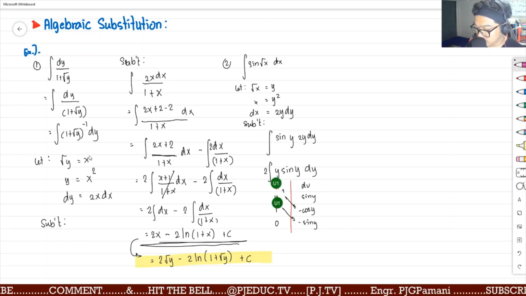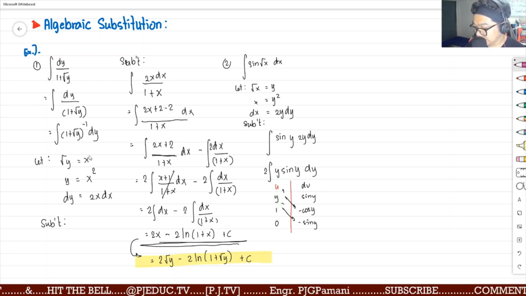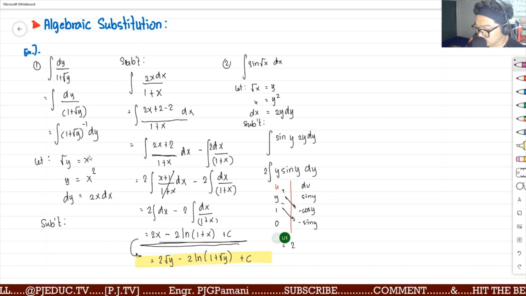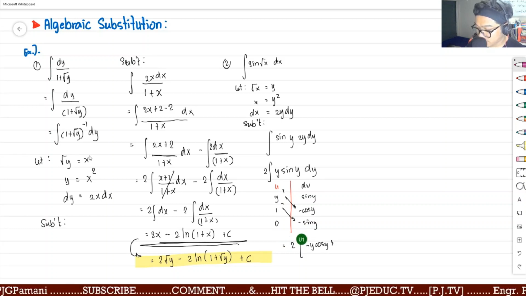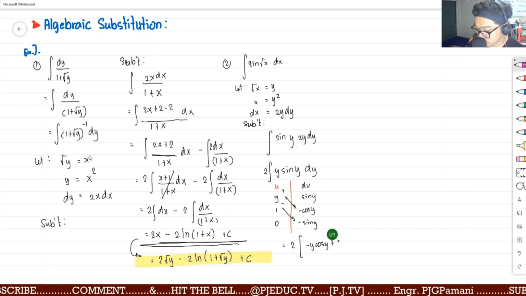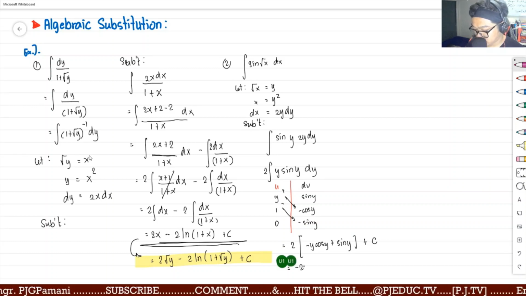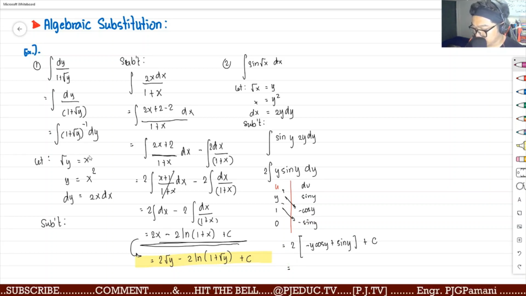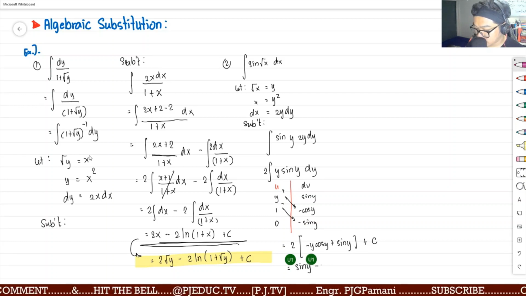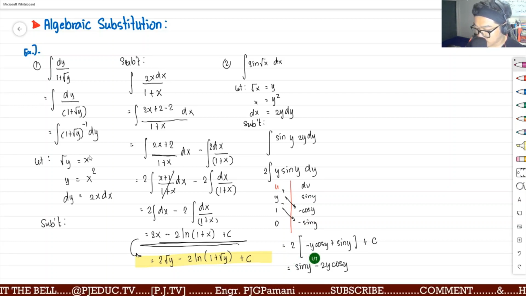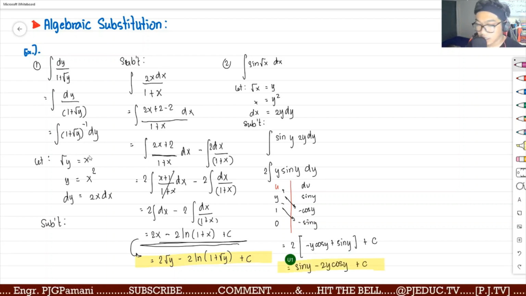So basically that is now equal to 2 times negative y cosine y plus 1 times negative sine y, plus c, or simply negative sine y minus 2y cosine y plus c. So yan na ngayon yung ating final answer.